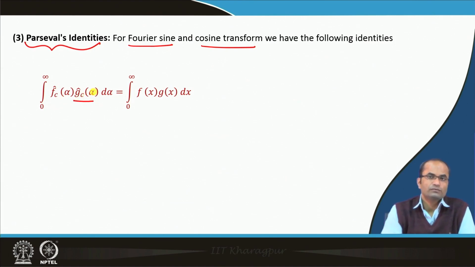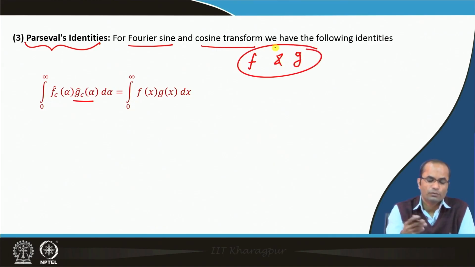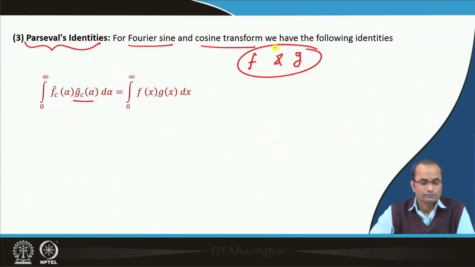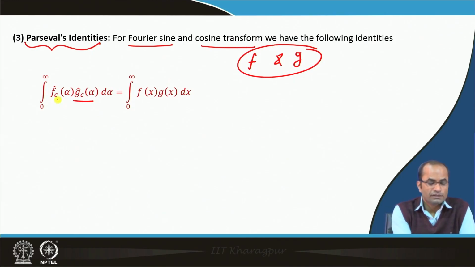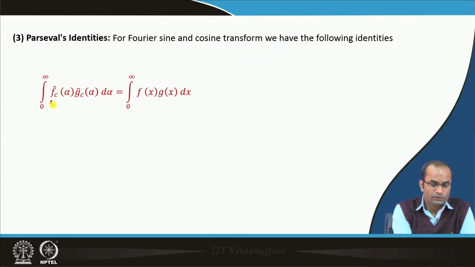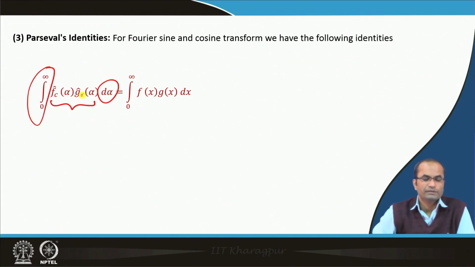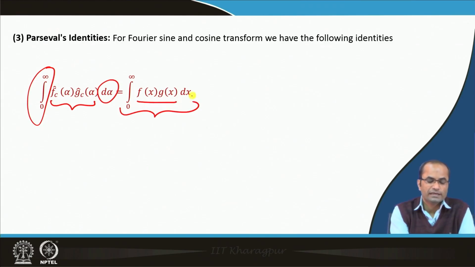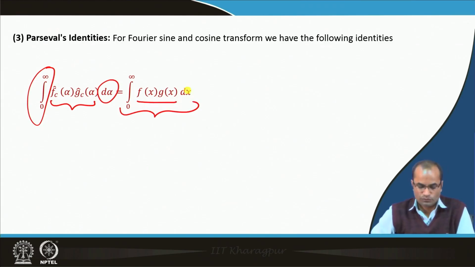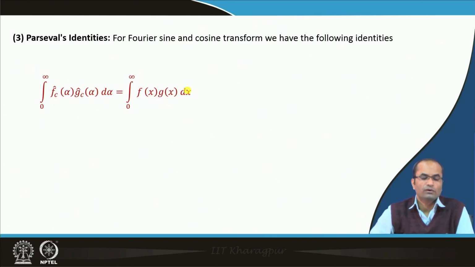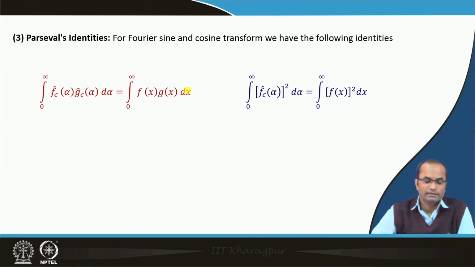We are considering two functions here, f and g, having all properties for the existence of such transforms. So, the product of the two transforms, when we integrate over alpha from 0 to infinity, will be equal to integrating f(x) g(x) over x from 0 to infinity. That is what we call the Parseval's identity.